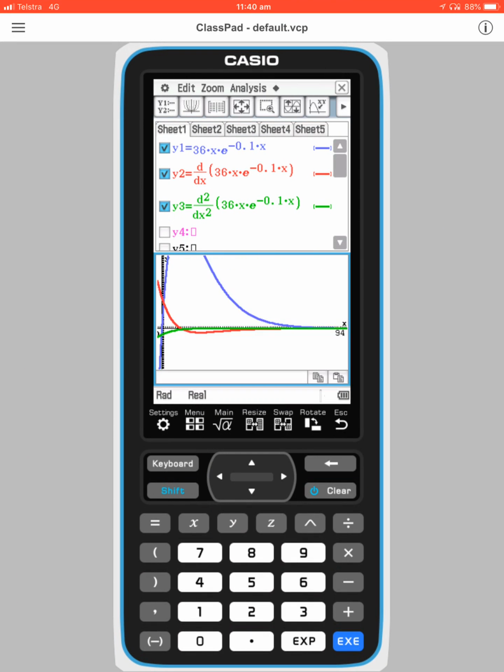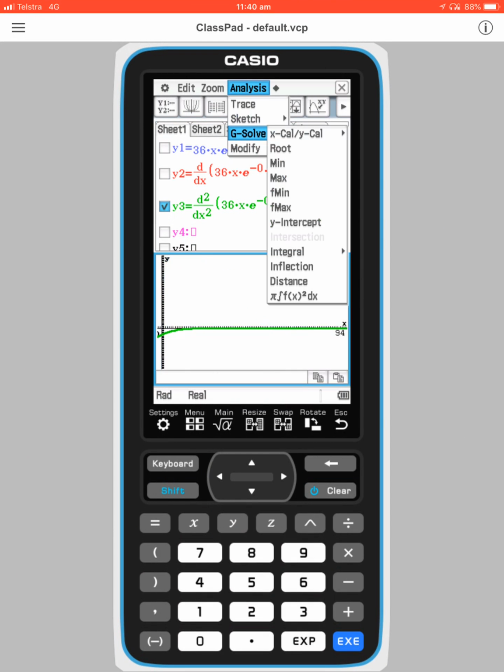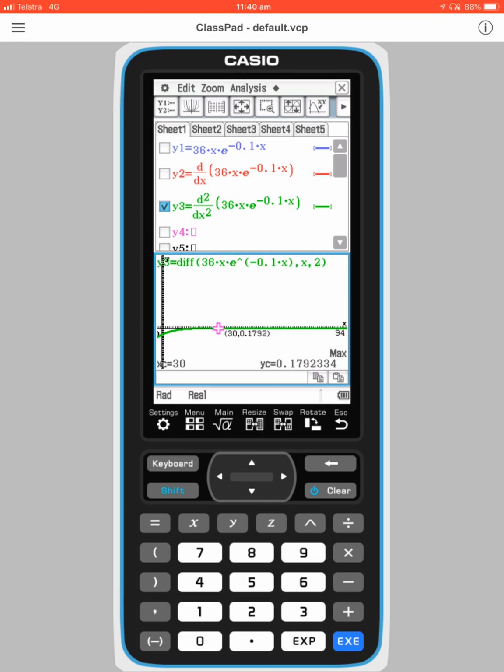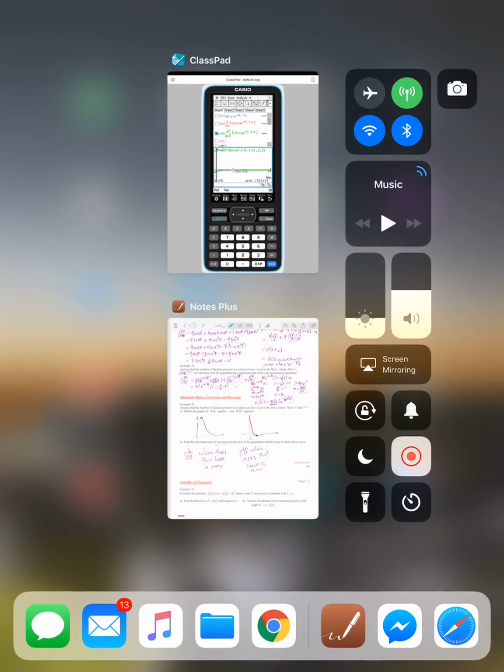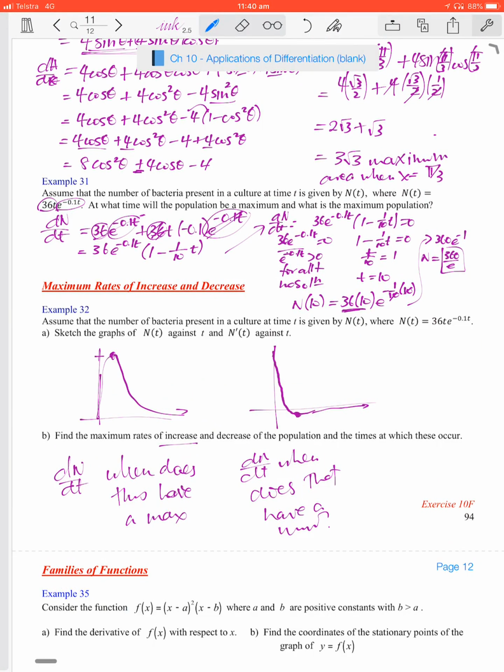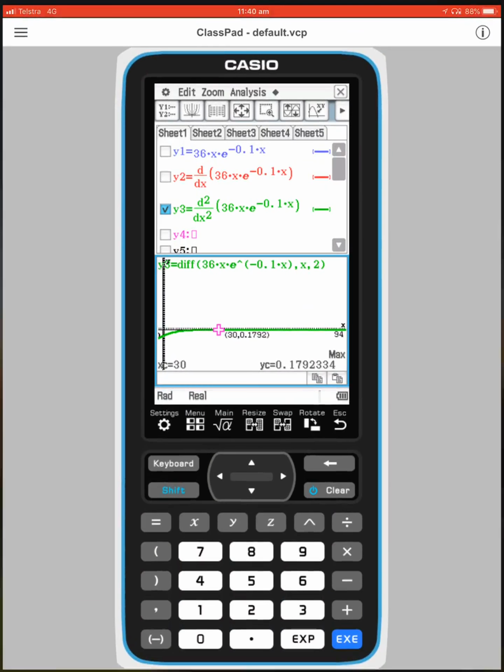Okay, so if we get rid of these two graphs, analysis, G-solve, max. So it has a max at 30. The maximum gradient is when x equals 30, and for the actual rate, we've got to put that into the original function.